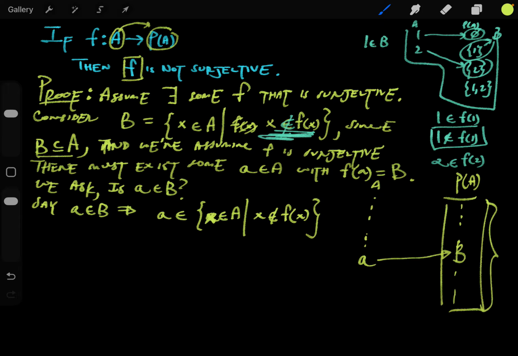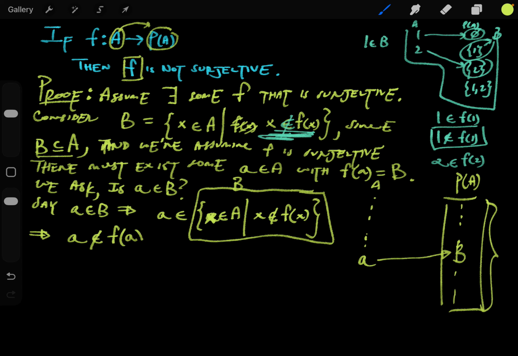So a is one of these elements, but a being contained inside this set means that a is not contained inside f of a. But f of a we said was B, so a is not contained inside B. And this is clearly a contradiction. We just said a is in B, and now we said that a is not in B. So we have a contradiction.